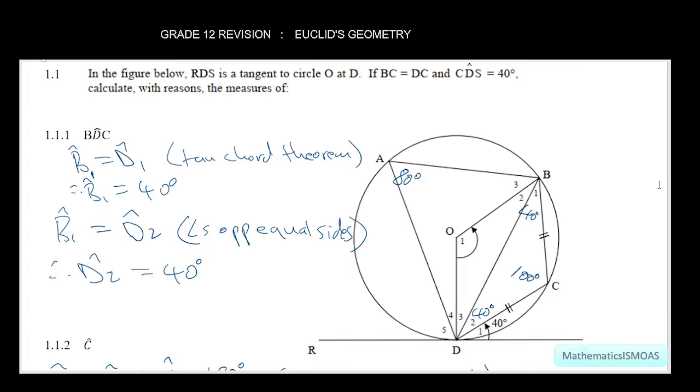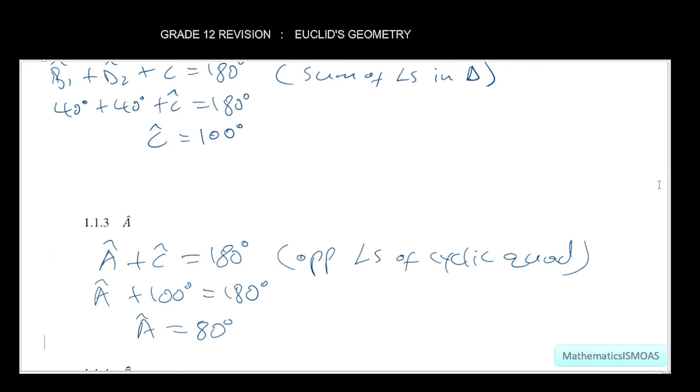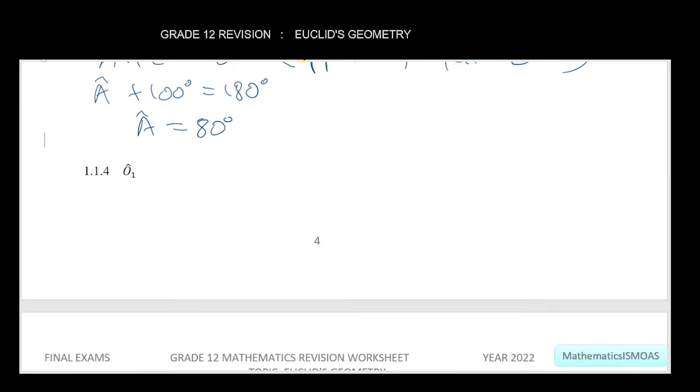Angle O1 is twice angle A. Then we say angle O1 is equal to 2 times angle A. And the reason is angle at center is equal to 2 times angle at circumference.